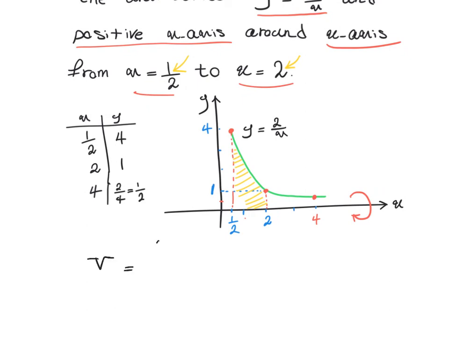Volume is equal to pi integral from x equal to a to x equal to b of f(x) squared dx. Since we're rotating around the x-axis, I'm using the volume by disk method. Everything is with respect to x, no y in this equation. So now you know your lower limit, upper limit, and you know f(x).